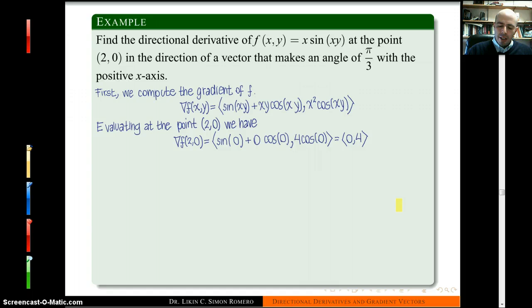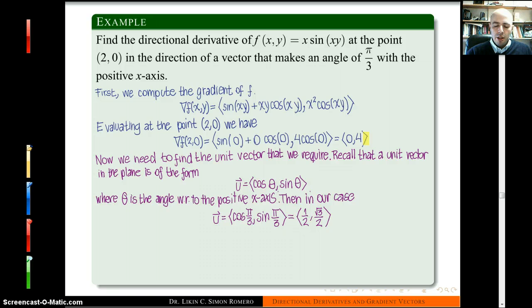So the first thing is we compute the gradient, that is right here. Then we evaluate at the point, and this is the gradient at that point. Now the thing that we need to compute is the unit vector in the direction they are telling us. Well, if you recall from one of our earlier class activities, a unit vector in the plane can be characterized by cosine of theta and sine of theta.